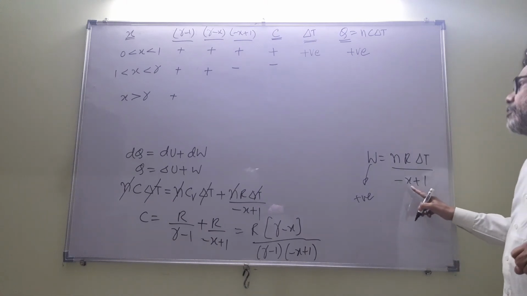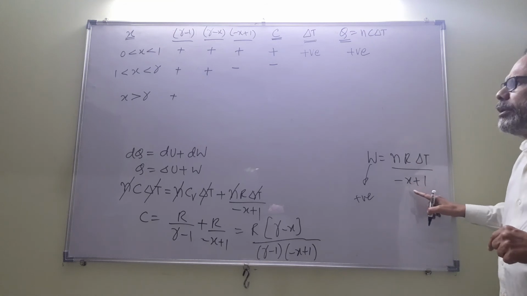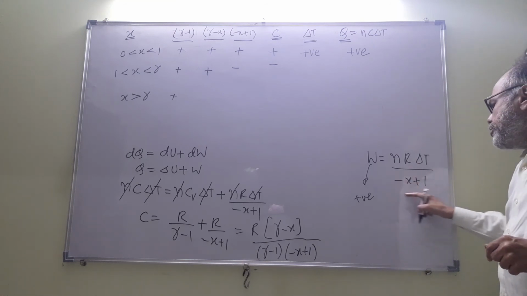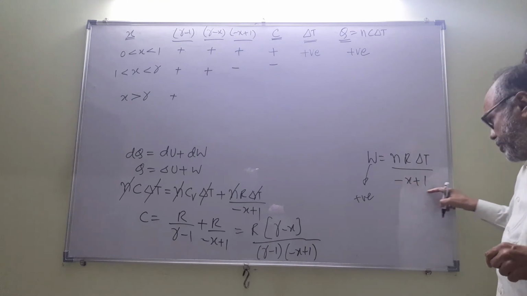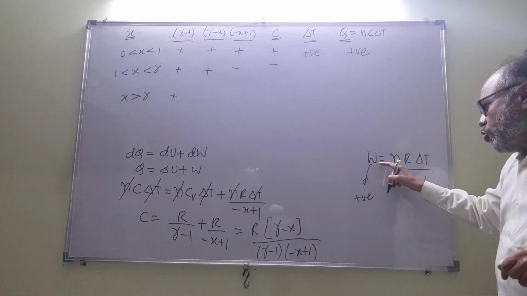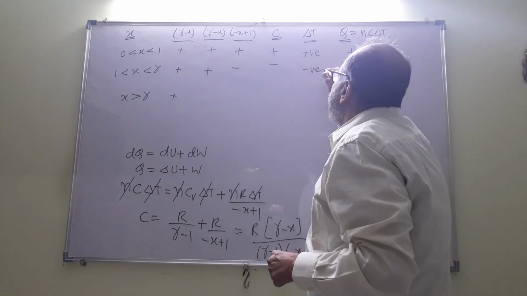Let us see this quantity. X is greater than 1, therefore the denominator is going to be negative. Since the denominator is negative, the numerator also must be negative because W is positive. So this is negative.